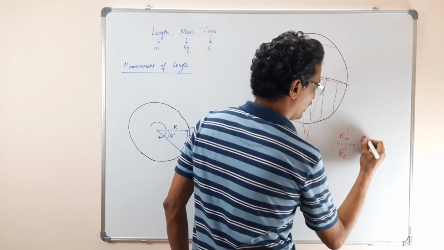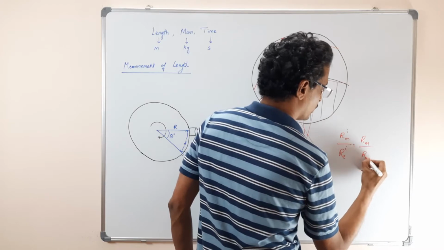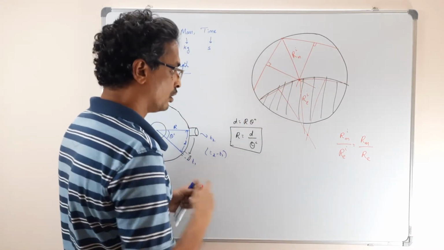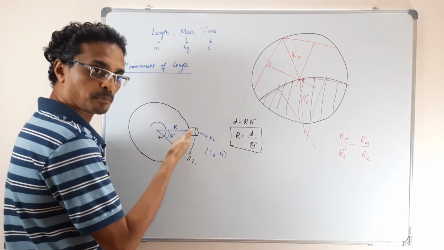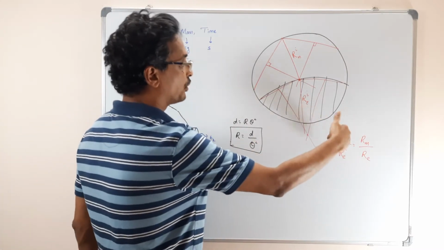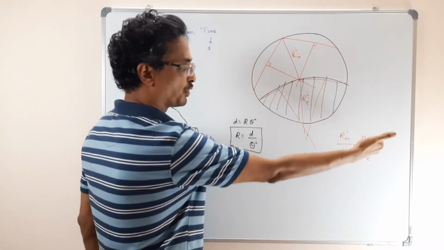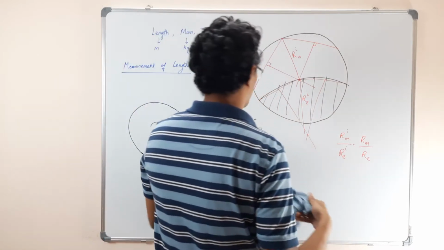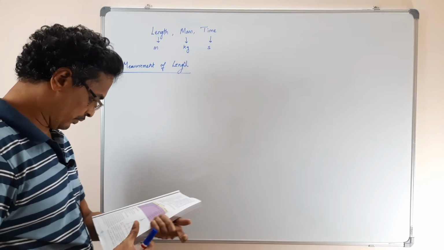So this will be radius of moon divided by radius of earth. You know the radius of earth from here. Put it here, this ratio you can find from here. So you can find out the radius of the moon. So this is the way the large distances are calculated.